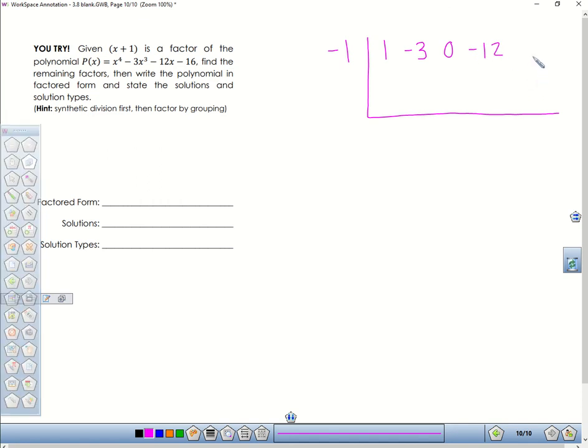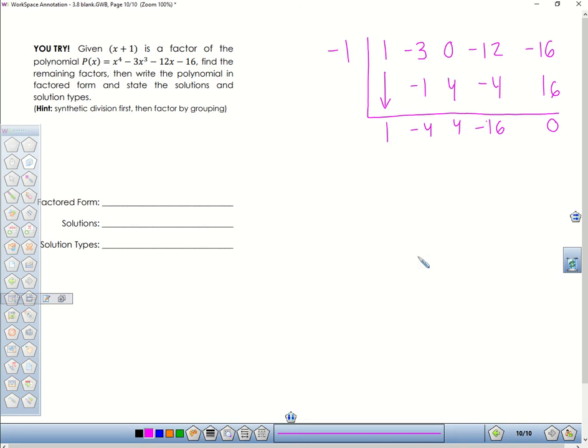Don't forget your 0 placeholder terms. X to the 4th would be 1.